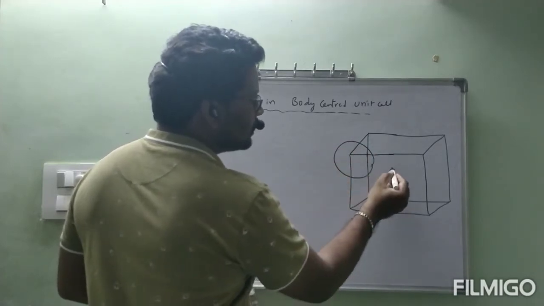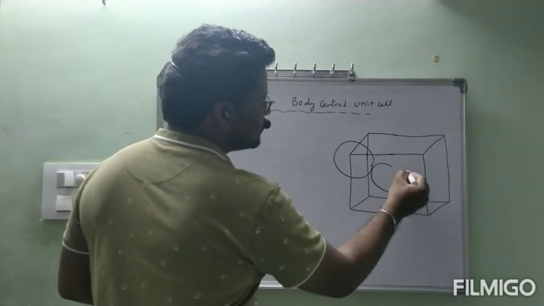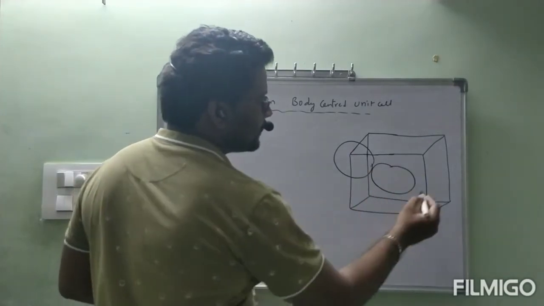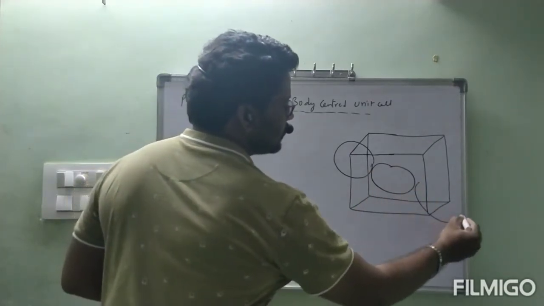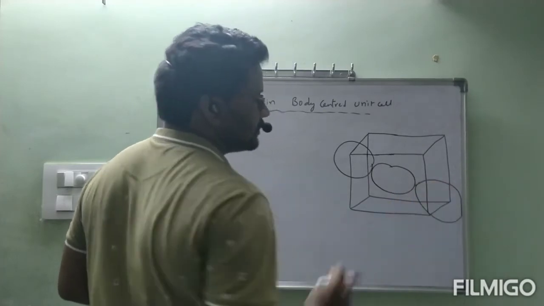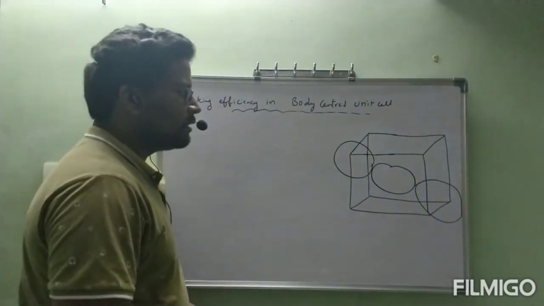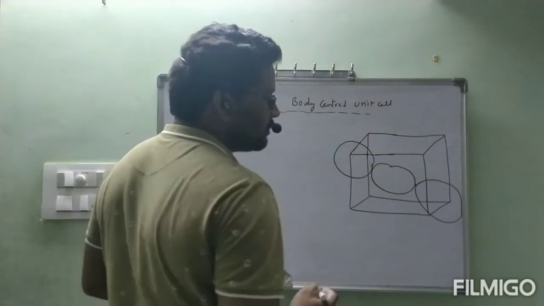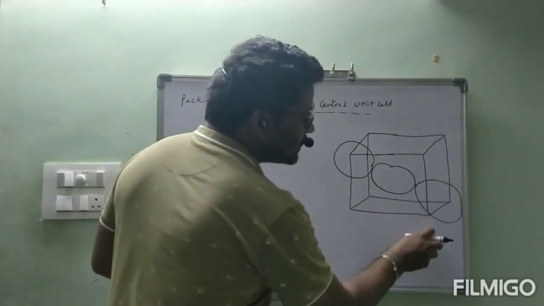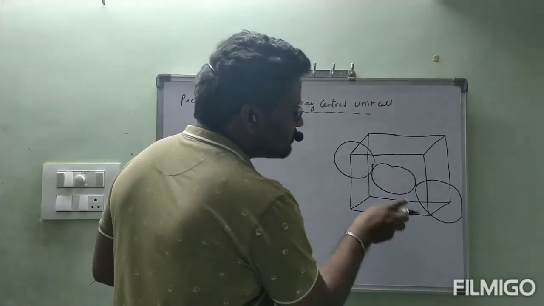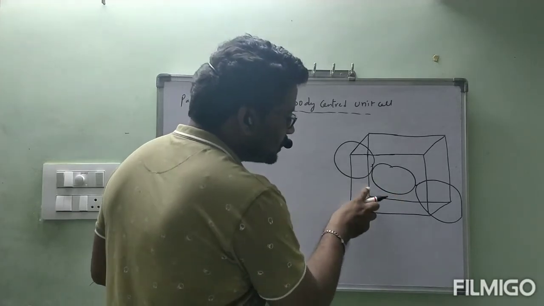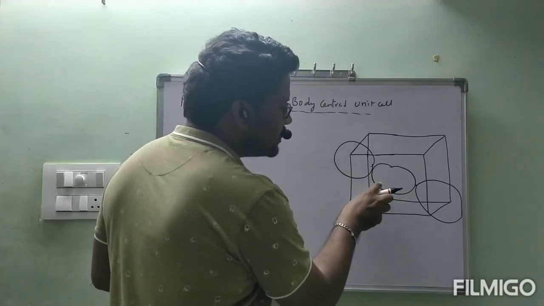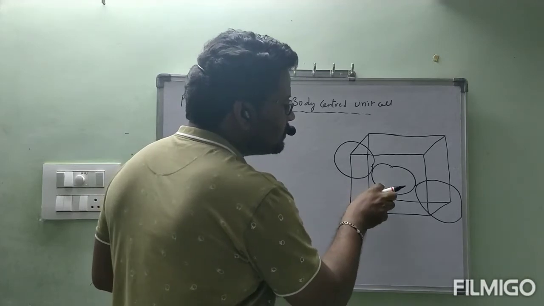This corner is in touch with the body center, and this body center is in touch with this corner. Okay, these are in touch. One more thing, this corner particle also will be in touch with the body center. This corner particle also will be.